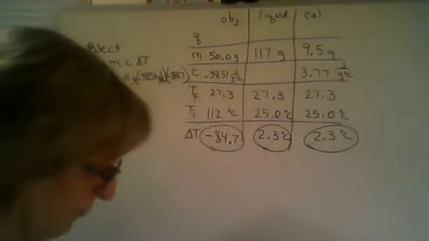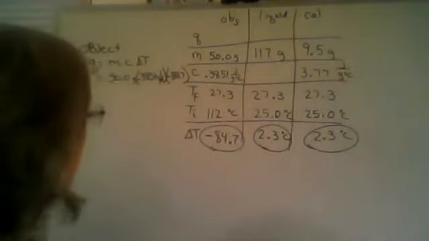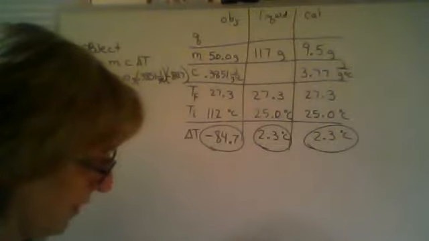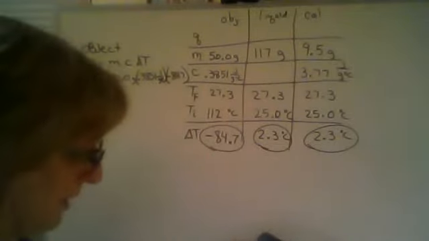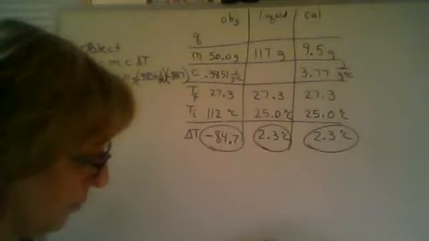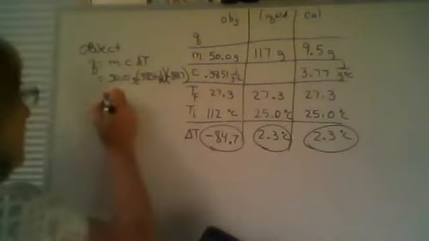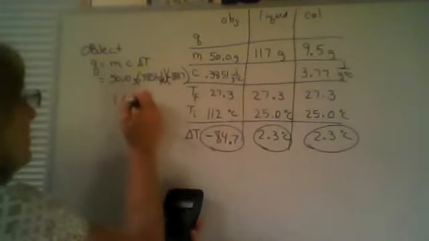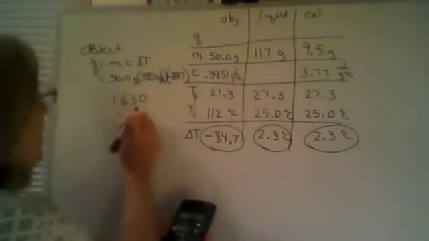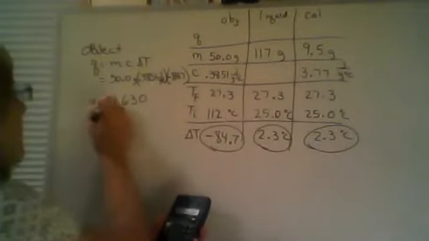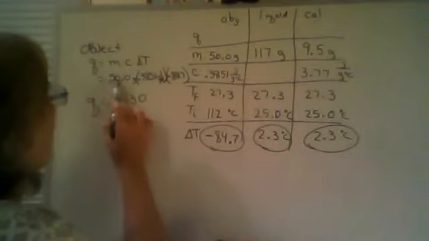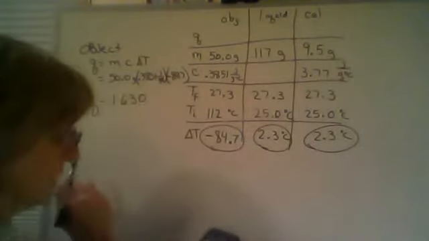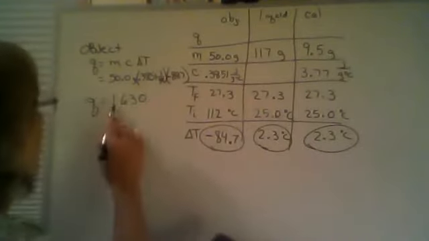We plug them in. It's that simple. 50 times 0.385 times negative 84.7 equals, Q equals 1630. I have three, so we can only have three significant figures. 1, 2, 3.